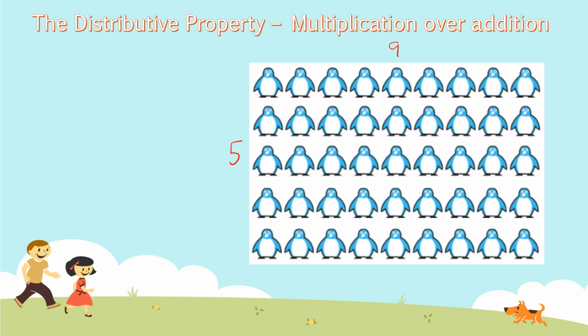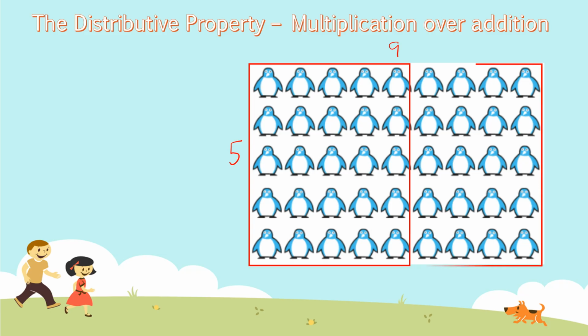Now, if I didn't know what 5 rows of 9 is, I may want to split this up into smaller arrays or rectangles, depending on how we want to visualize that. What if I just go like this, group and then that group?